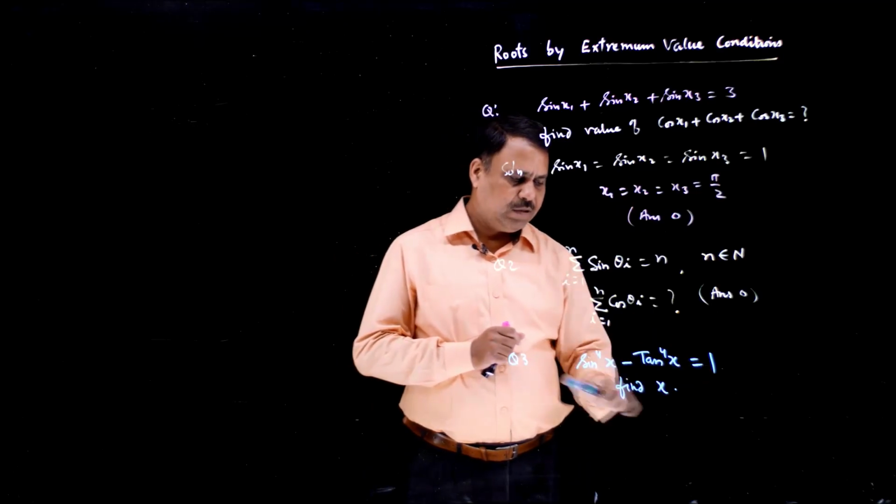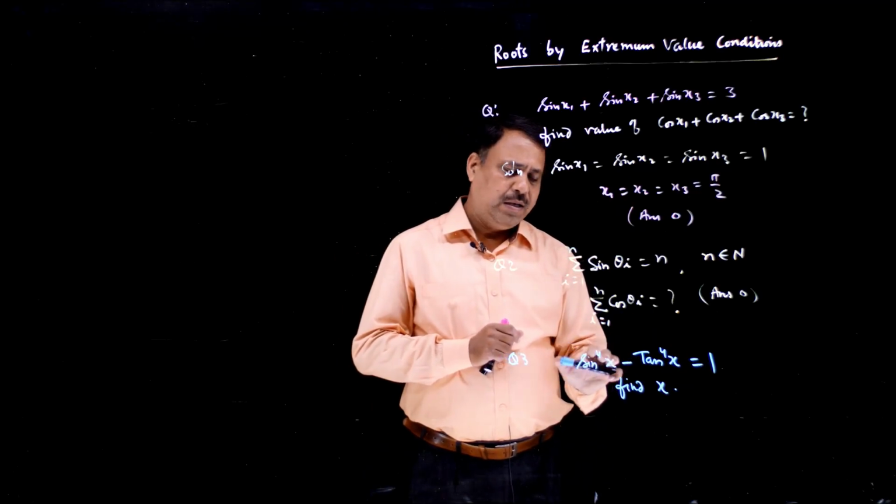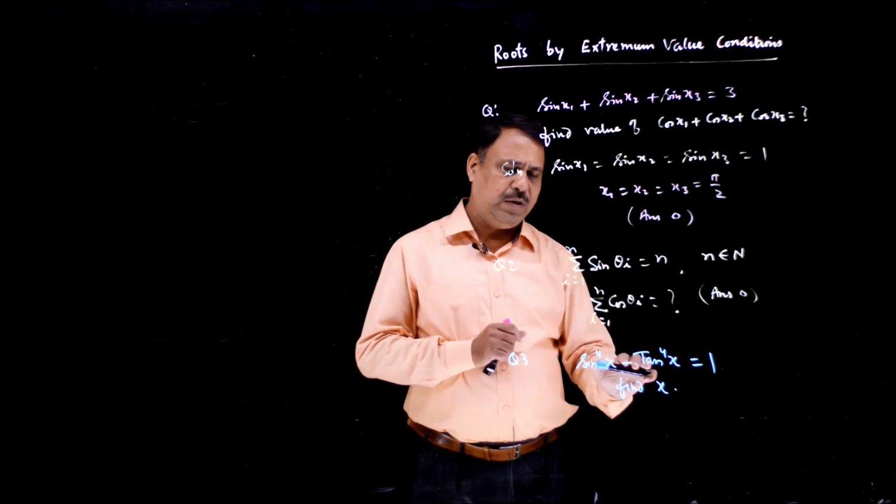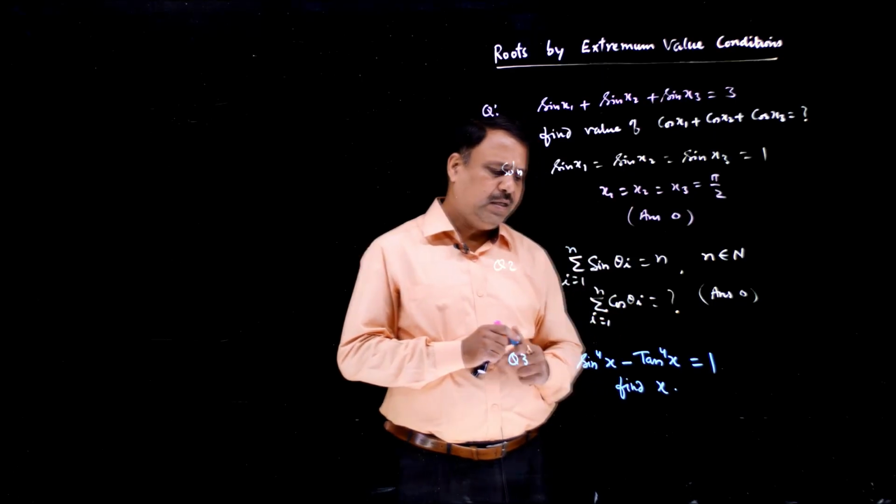So think about this question carefully. Sin 4x minus tan 4x equal to 1, we have to solve this trigonometric equation.